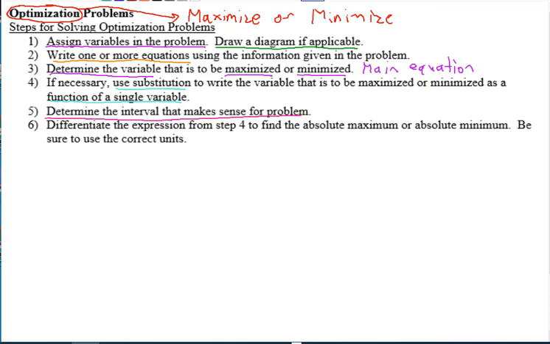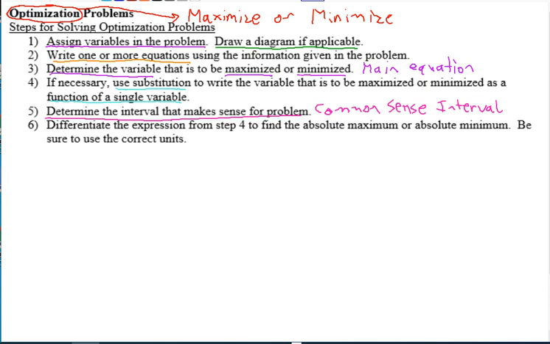I refer to this as the common sense interval, because oftentimes they don't tell you what interval to use. So you just have to think of what values actually would make sense for that variable.